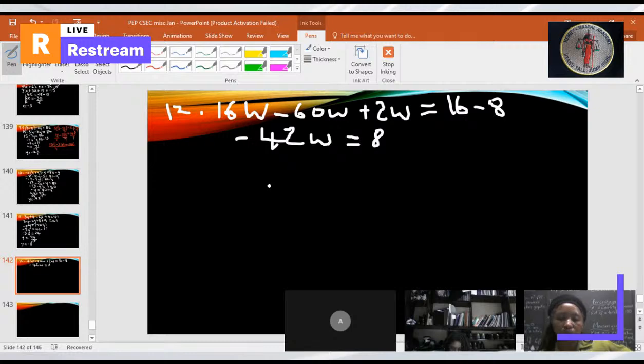W is equal to 8 divided by negative 42. Which is what? So we need to cancel that, right?